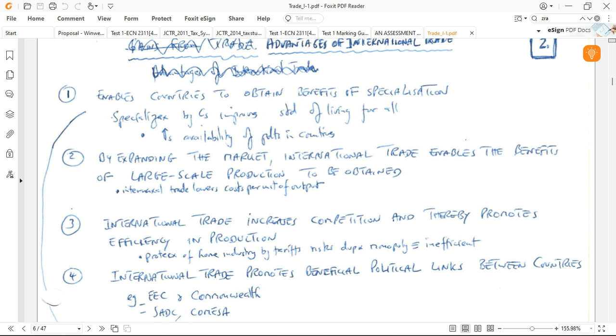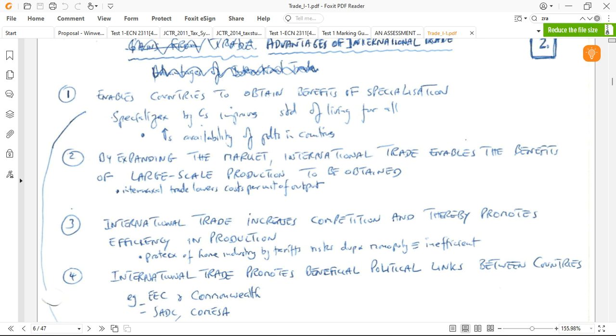The other thing is competition. Because of international trade, countries are now competing. Who is going to produce the top quality, the best quality of this particular output?